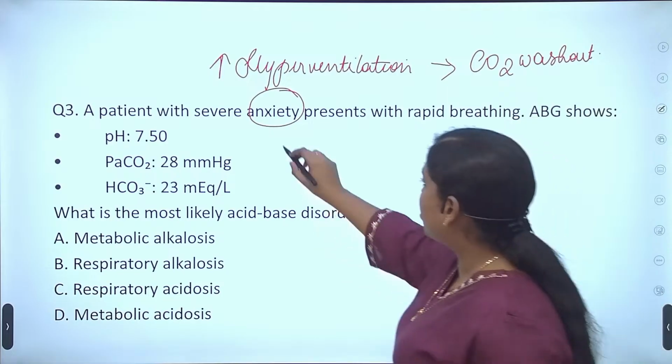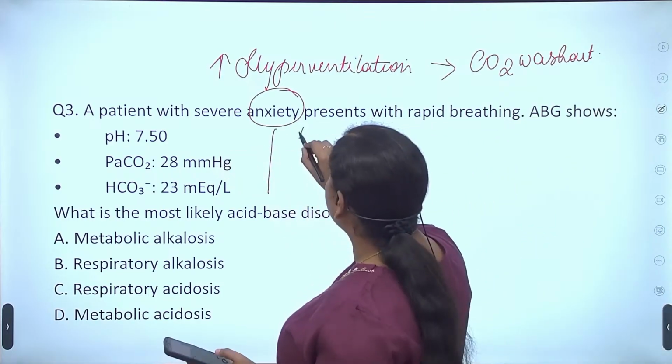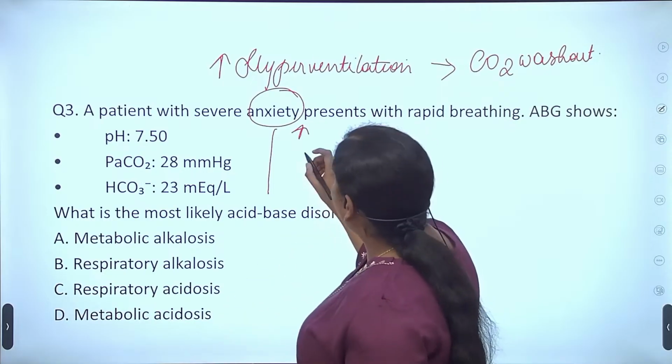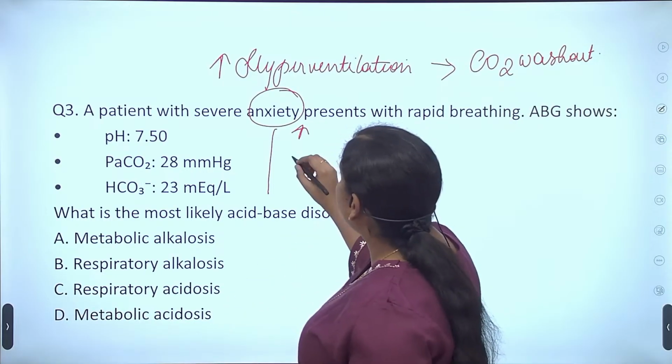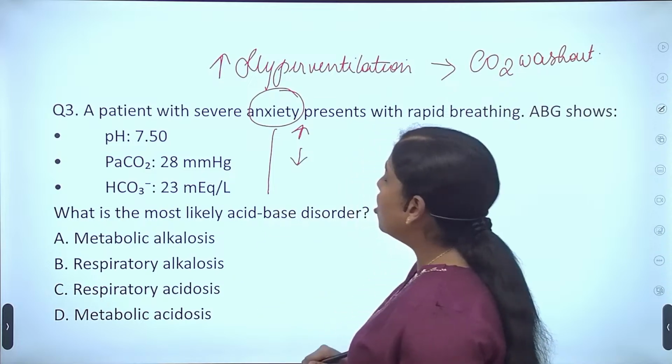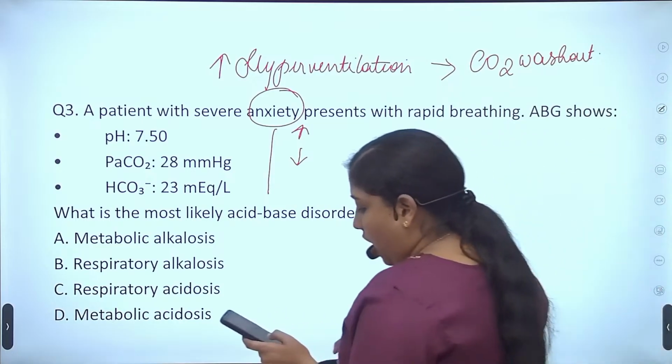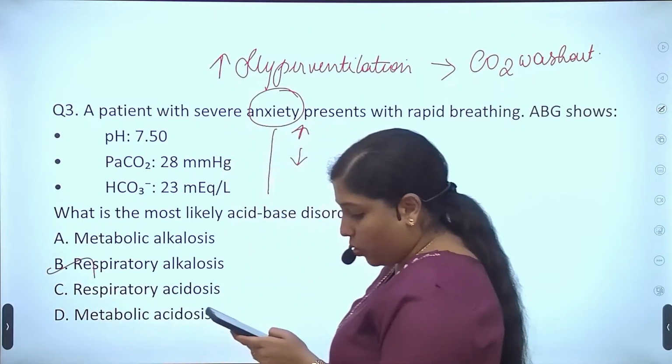The pH is increased again. The PaCO2, normal 35 to 45, is decreased. When they are going in reverse directions, it is a respiratory problem, and the answer is respiratory alkalosis. Very good.